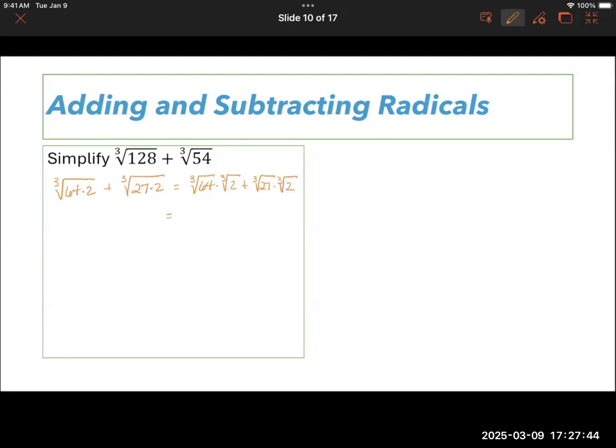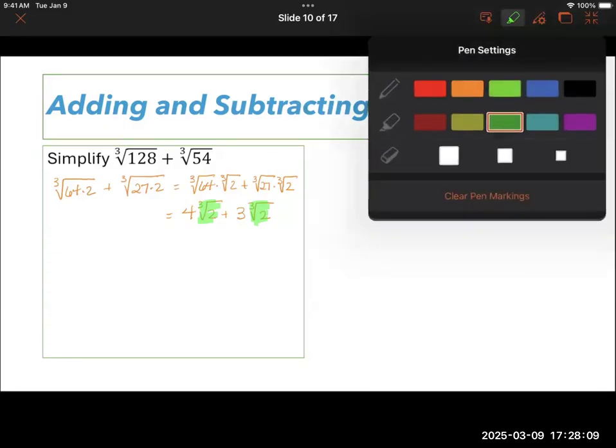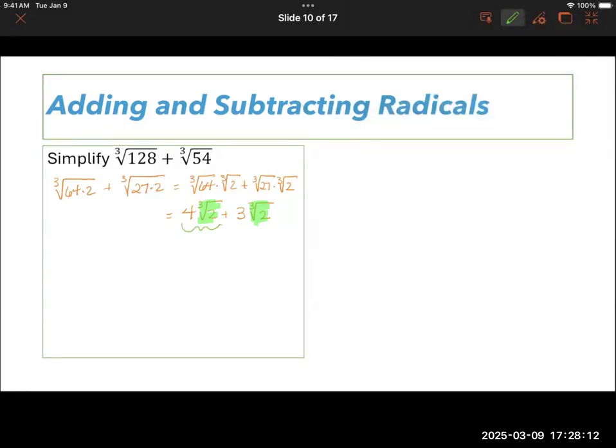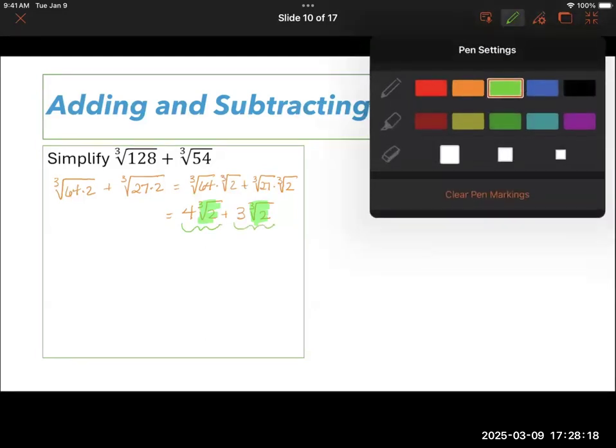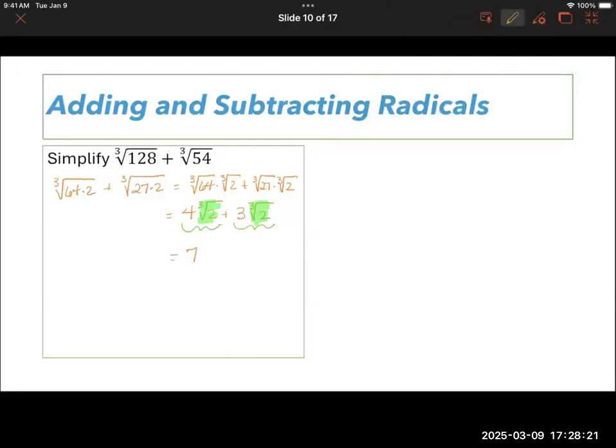The cubed root of 64 is 4, and the cubed root of 27 is 3. So now I have like radicals because both terms have the third root, cube root, of 2. So I've got 4 of those cube root 2's in the first term. I've got 3 of those cube root 2's in the second term. I'm adding those two together, and therefore I end up with 7 cubed roots of 2.